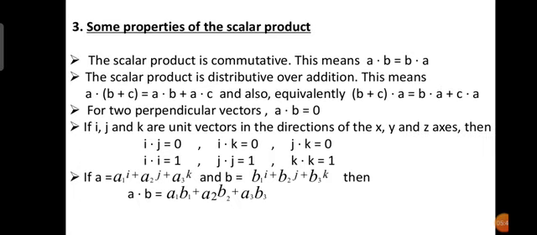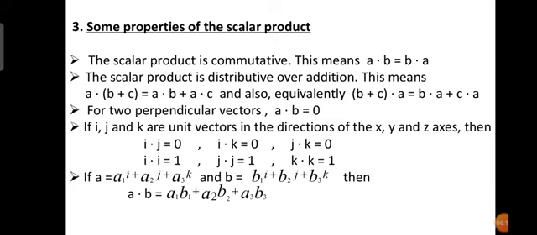And there are some properties. The scalar product is commutative, that means A dot B is B dot A, and it is also distributive over addition: A dot (B plus C) is A dot B plus A dot C, and (B plus C) dot A, left distributive and right distributive. Also, if two vectors are perpendicular, then A dot B is 0.